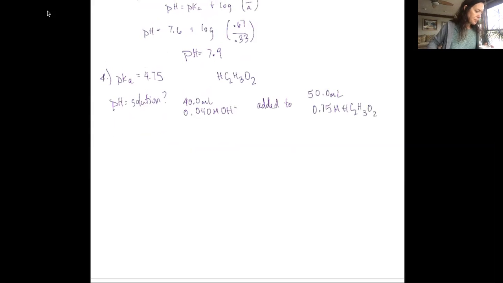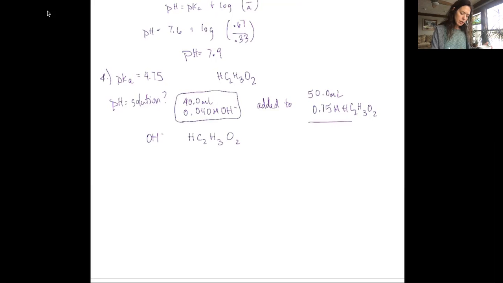Okay. So this is the first time we've had a problem like this. I've got hydroxide. I've got acetic acid. And I am adding the hydroxide to the acetic acid.